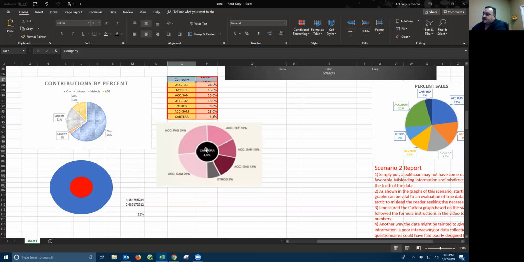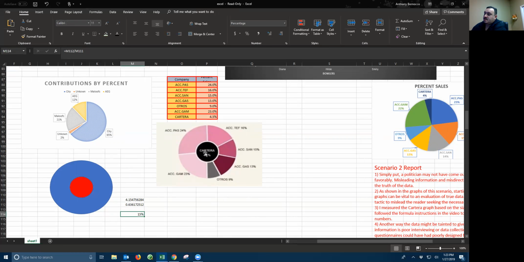Quartera's got itself in this center donut at 4.5%, and all the other companies along the outer ring. We did our circumference and our area, or our radius and our area, and we found out that the center of the circle is 15%.